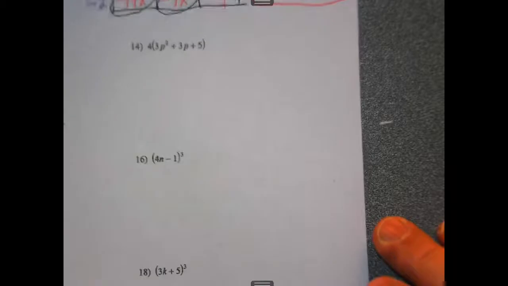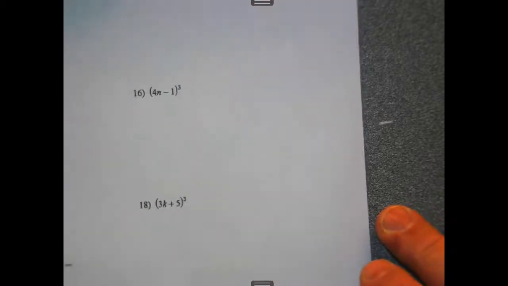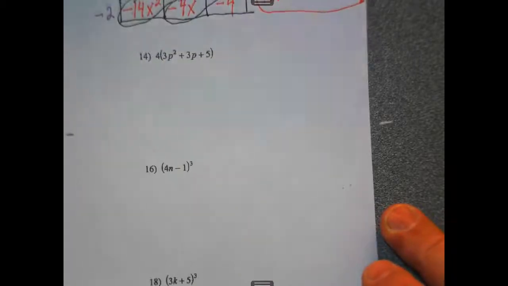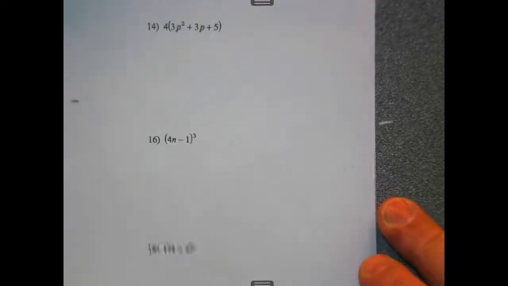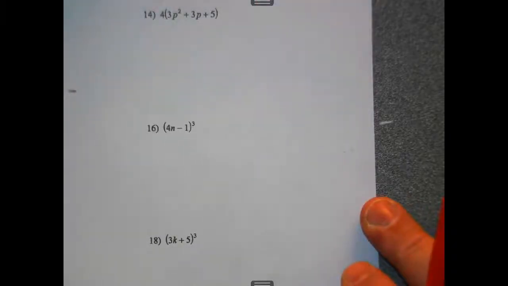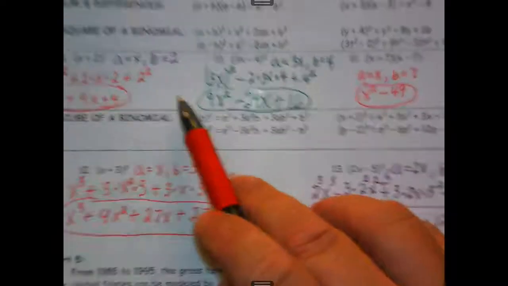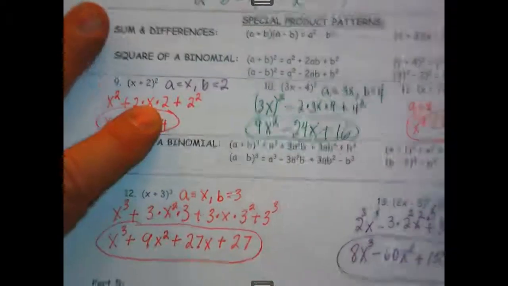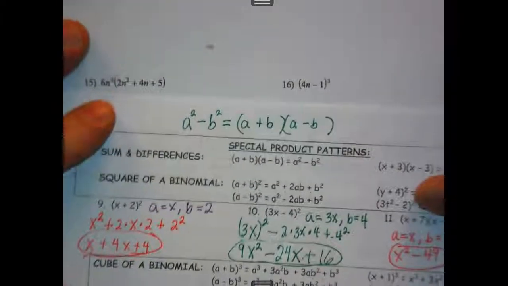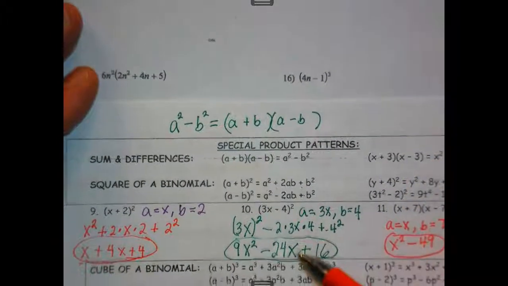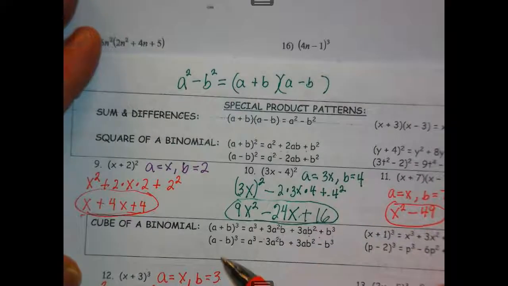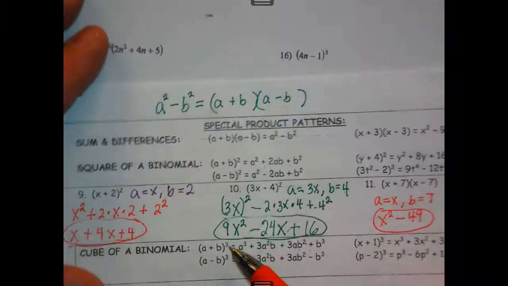Okay, let's do a cubed binomial. Let's do 16. Now, you need yesterday's notes for the cube formula, right? 16 is a minus, so I have to use the a minus b cubed formula.